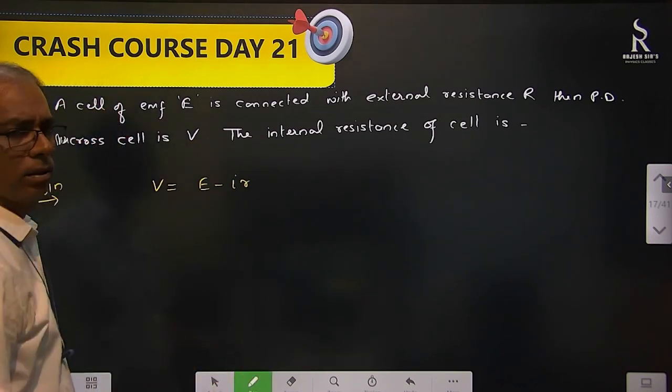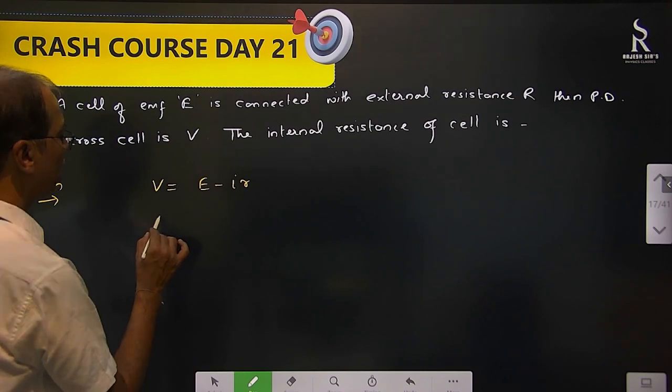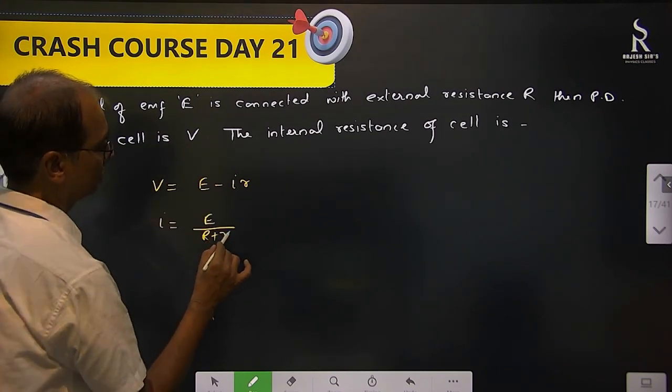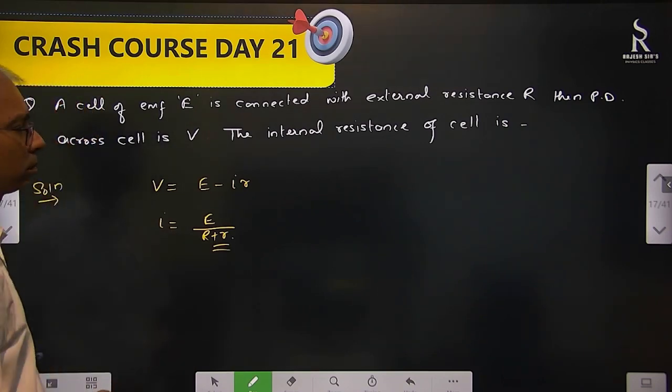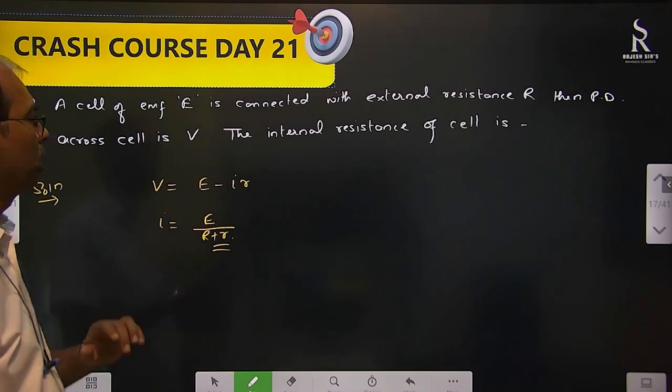We know that, right? Internal resistance only is asked, and I is, we know, E by R plus r. We have seen that. The same thing I am writing: I is equal to E by R plus r, and small r we have to find.